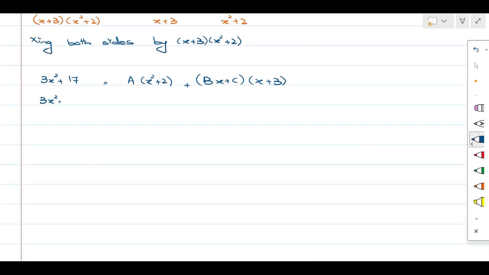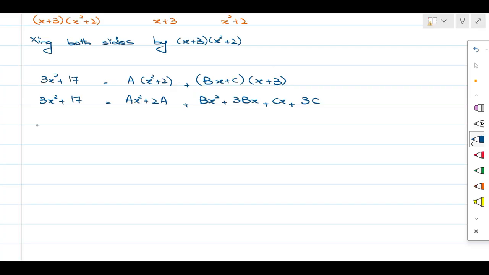3x square plus 17 is equal to a times (x square plus 2) plus bx square, 3bx, cx, and c times 3 means 3c.